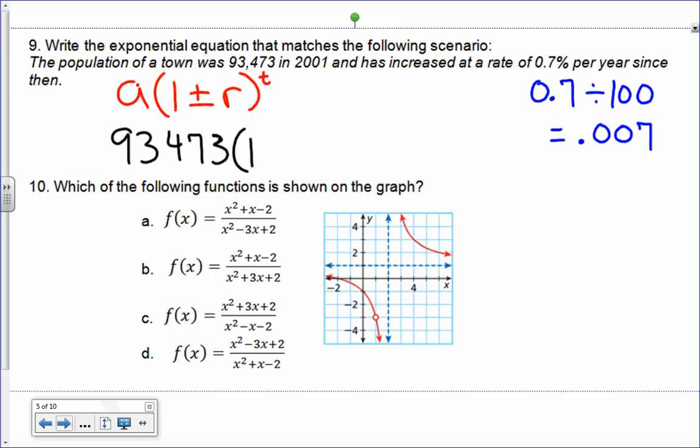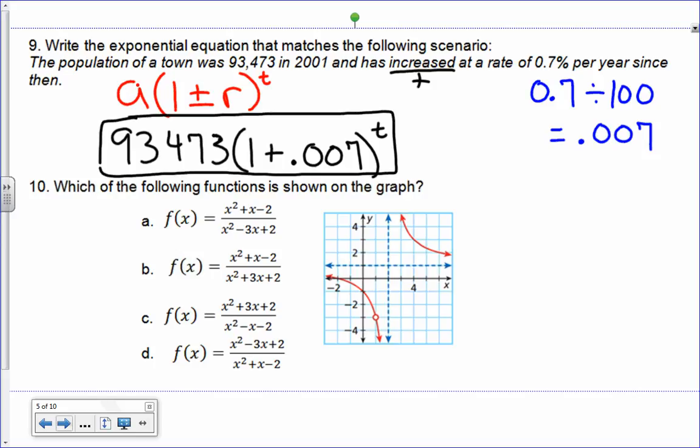And has increased, so that's a growth, so we're going to put a plus, and our rate is 0.007 to the power of t, or if you put the power of x, that's okay as well. But that would be the formula that you would use to figure out the growth of this town since 2001.